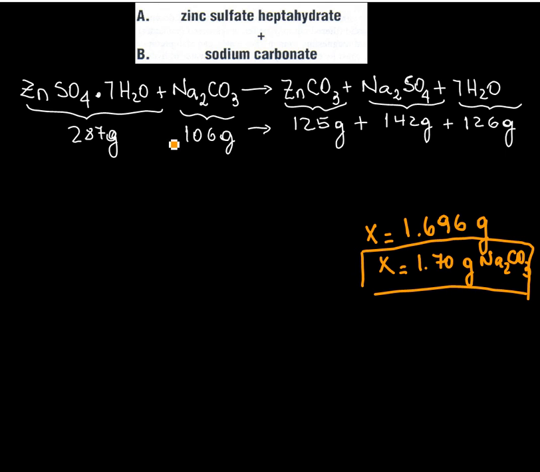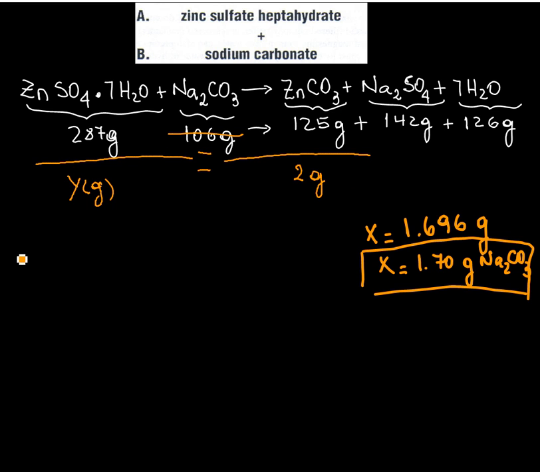Now, for getting the information about the zinc sulfate heptahydrate, we are going to use Y instead of X. So I'm going to say how many grams of this one we are going to need to form exactly 2 grams of zinc carbonate. So again, I put my line. I'm going to discard this because I'm not going to use it, okay? So the only things that we are going to need is this one and this one.